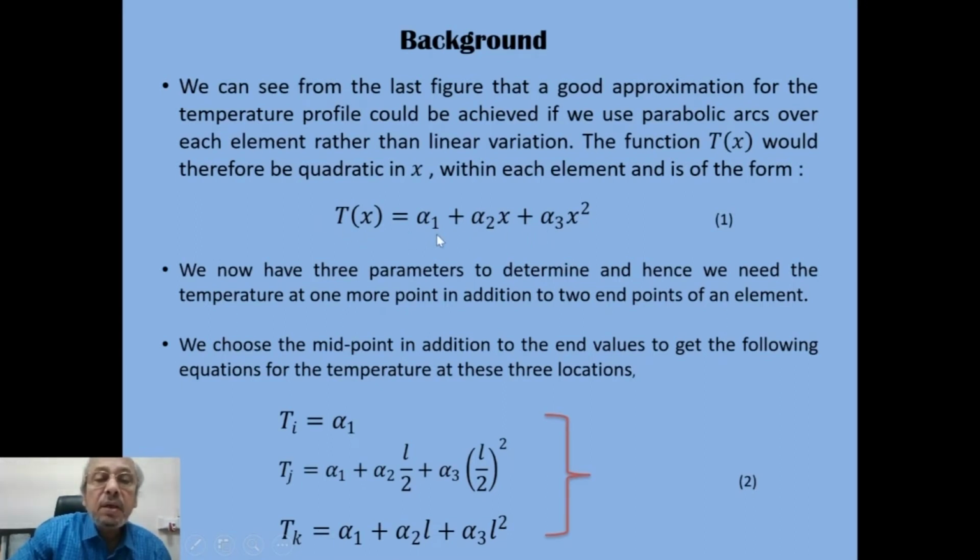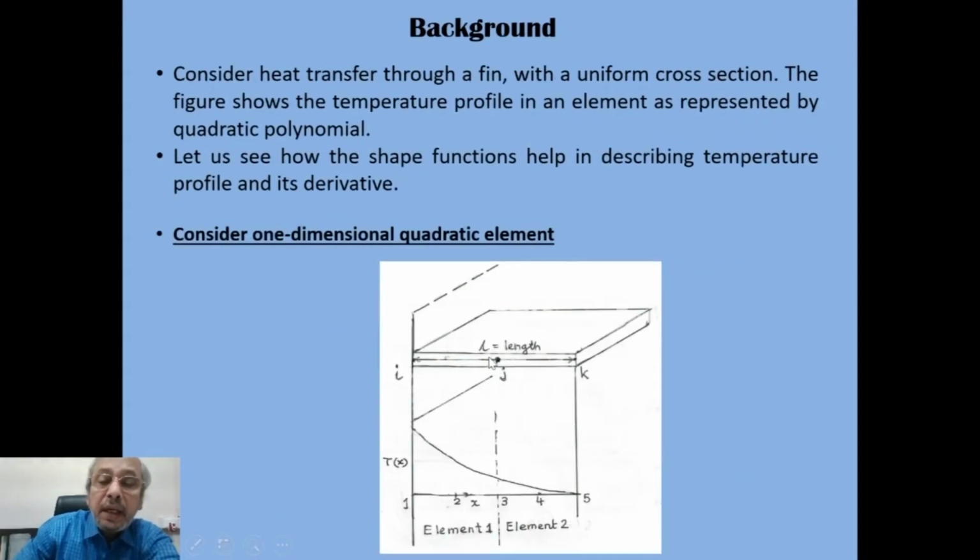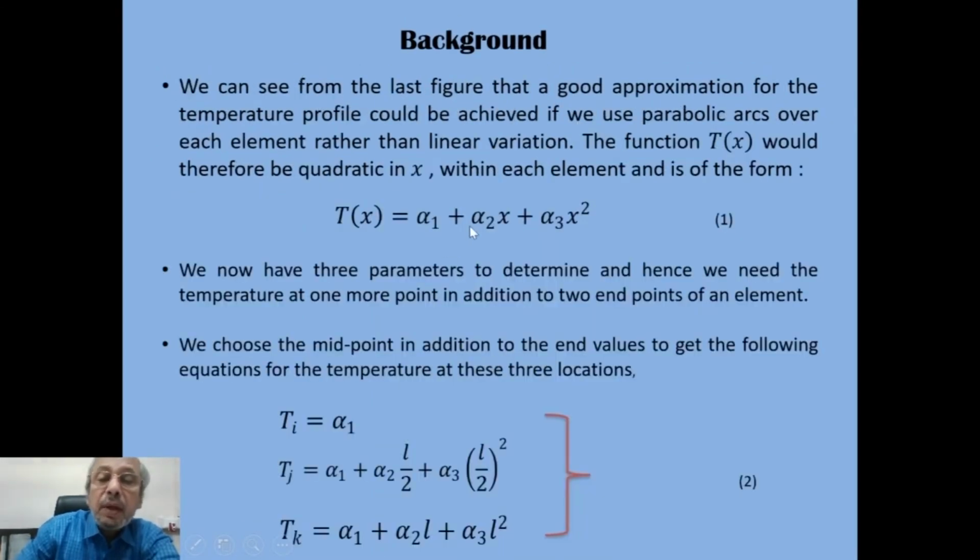This is a quadratic variation. So basically we need temperature at one more point in addition to I and K, J point, which is located at L by 2. We need help of that point. So we choose the midpoint in addition to the end values to get the following equations.